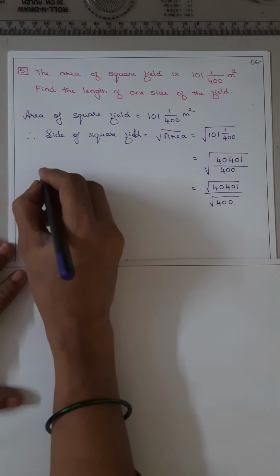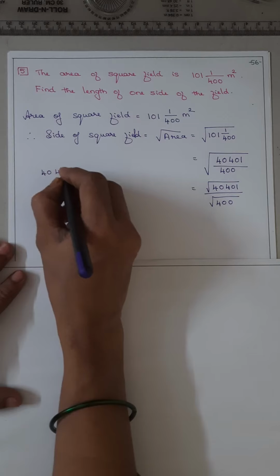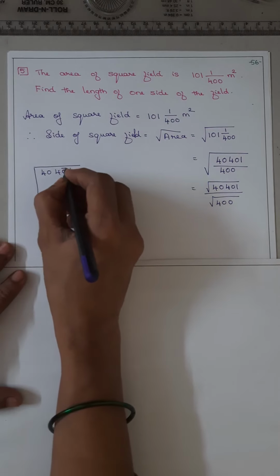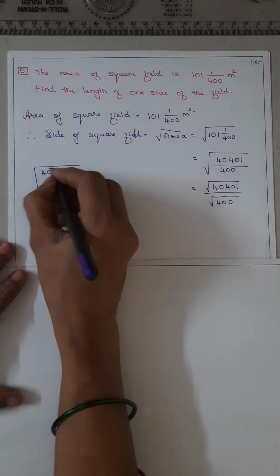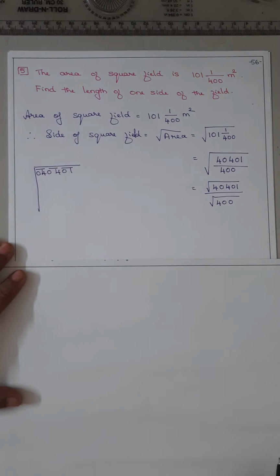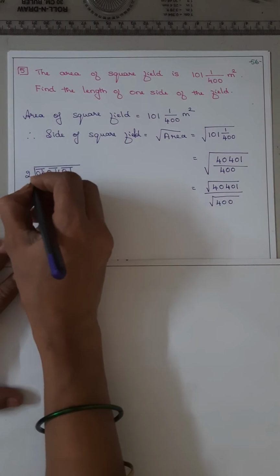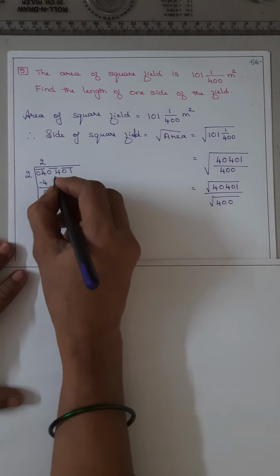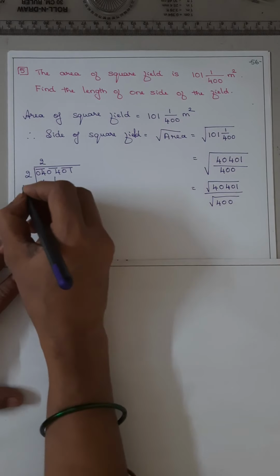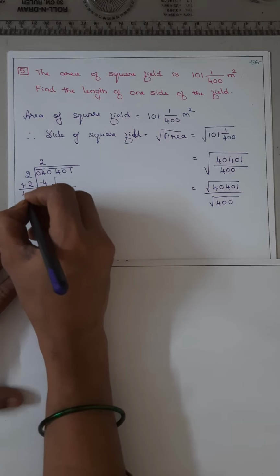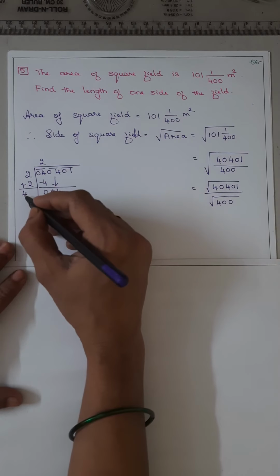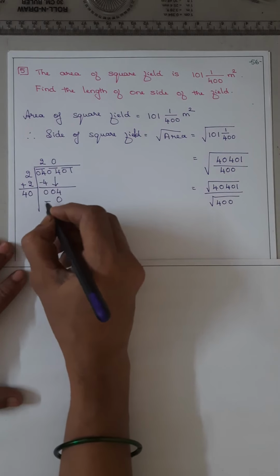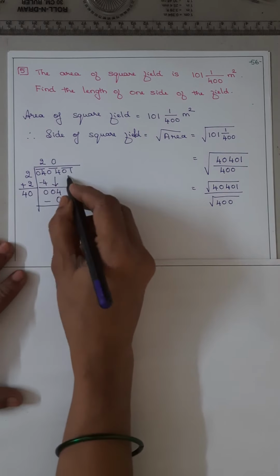So numerator, it is 40401. It is a whole number, so group from right side to left, isn't it? So it is 2 2s are 4. It is 0. Bring 04 down. Add 2. It will be 4. Here it is 4, here it is 4, so you can't put even 1. So it is 0. Bring 4 down.